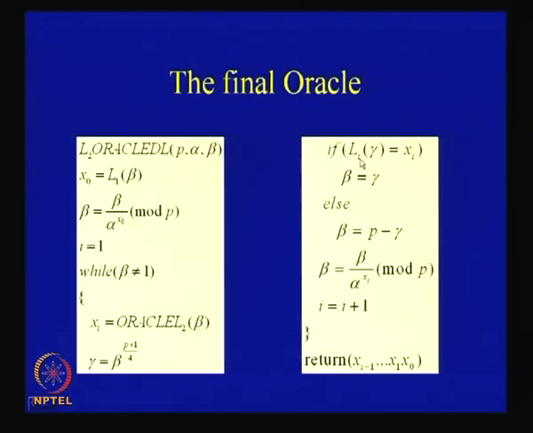Now we check whether Li gamma is equal to xi. If it is, we say that beta is equal to gamma, because then gamma is the square root; otherwise p minus gamma is the square root.